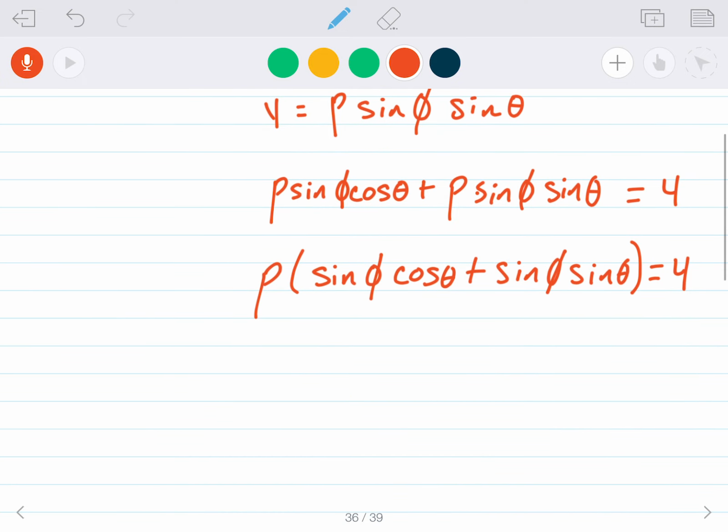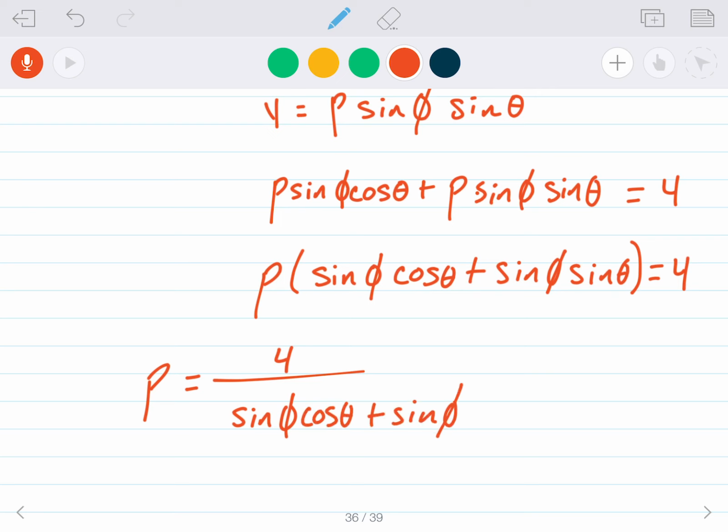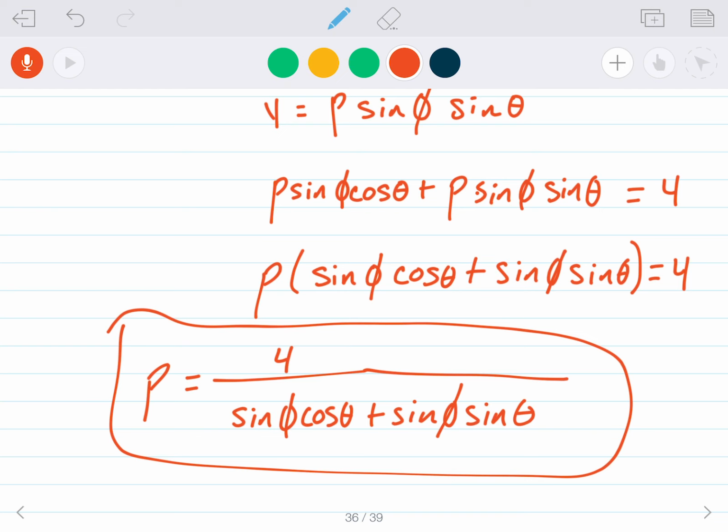So I'll go ahead and divide both sides by all of this to isolate rho. Okay, so there's my equation with rho isolated. Notice I don't have any x's and y's, I just have phis and thetas.